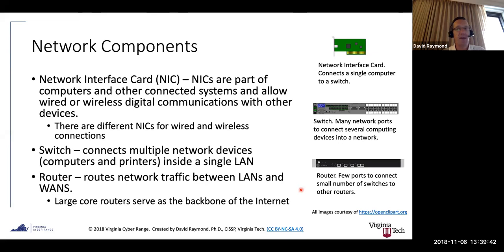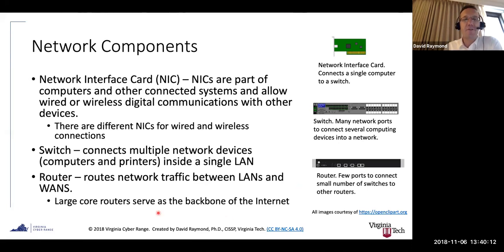But if you have a core internet router that is routing traffic for many millions of people a day, then those routers are obviously going to be larger, have more functionality, more memory, more capacity. So routers run the gamut from relatively small and inexpensive, in the hundreds of dollars, up through hundreds of thousands of dollars for these large core routers in the internet.